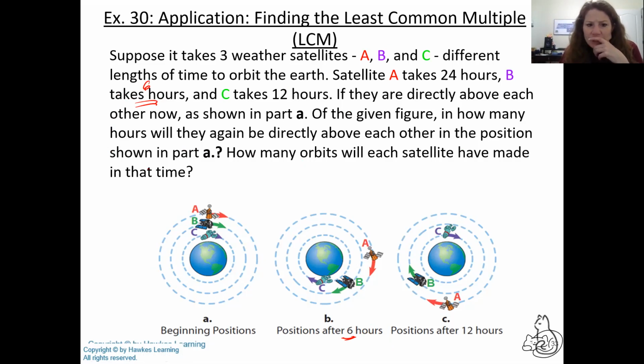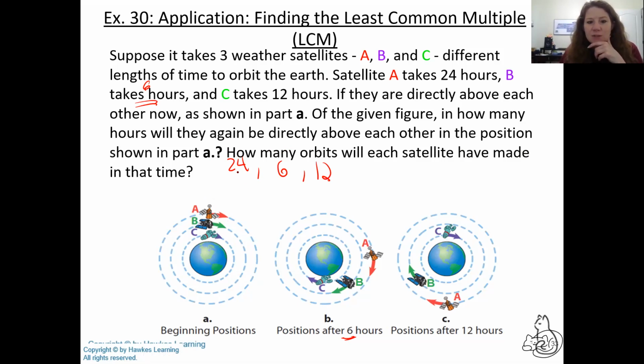All right, so we have 24, 6, and 12. So to answer this question, we're going to have to find the least common multiple. We want to know what's the smallest number they all go into. Well, of course, the answer is 24.